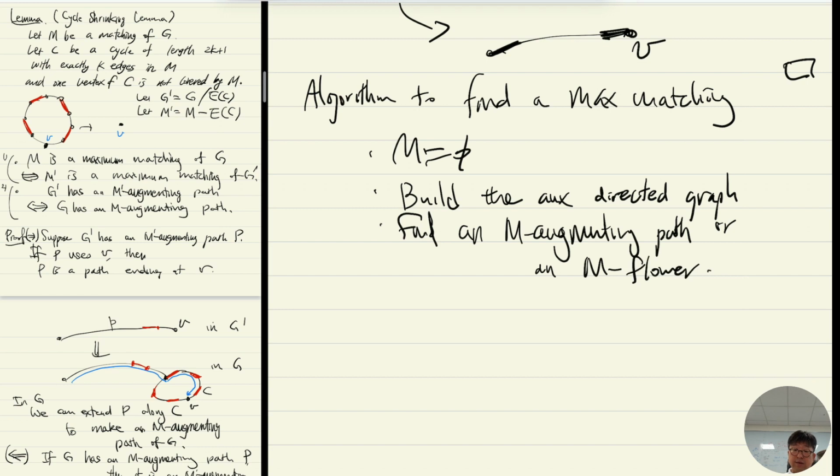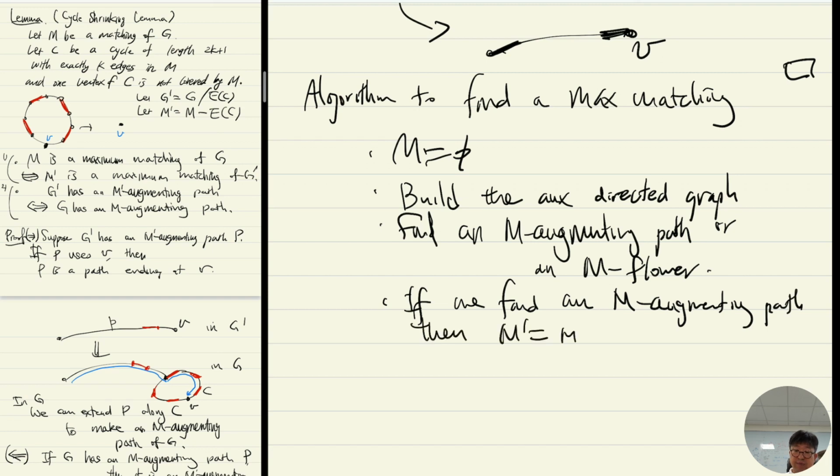And then if we find an M augmenting path, then we replace M prime by M delta EP and start again.